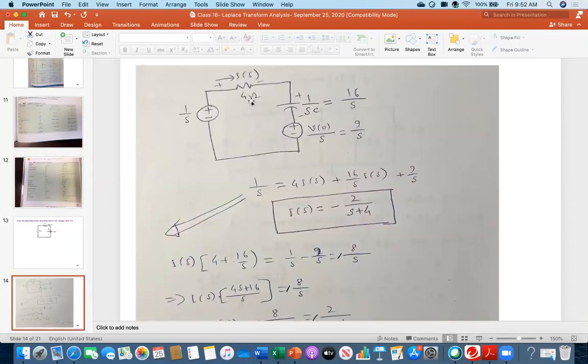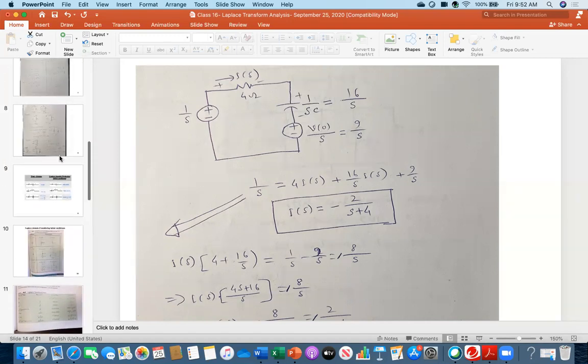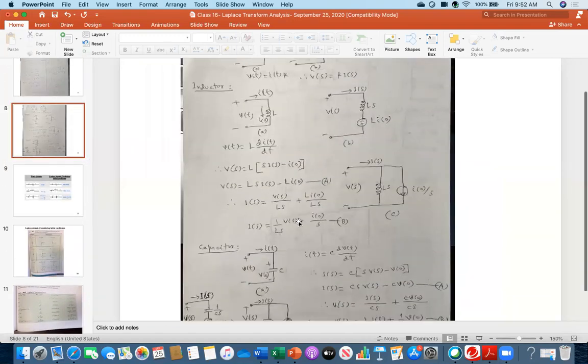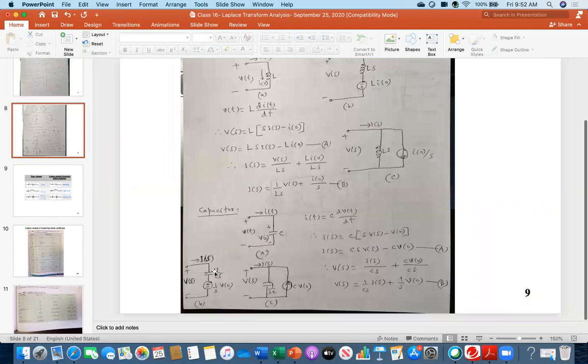The resistance is fine, but now look, I am putting the capacitor in that format. What is the format? 1 over SC, V naught over S. How did I get that? That is the thing I was showing you. For the capacitor, I use this format.